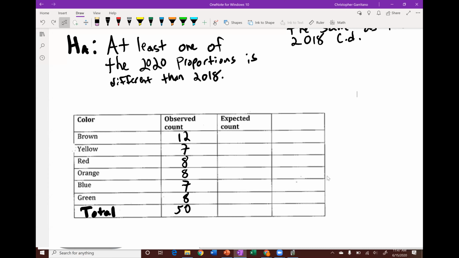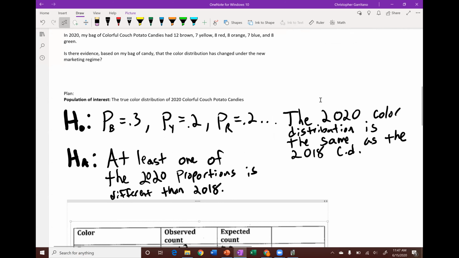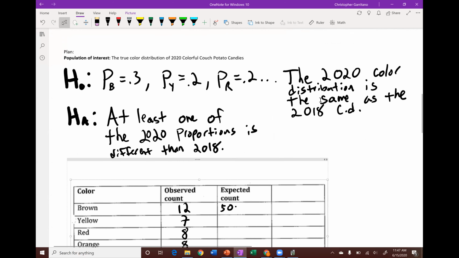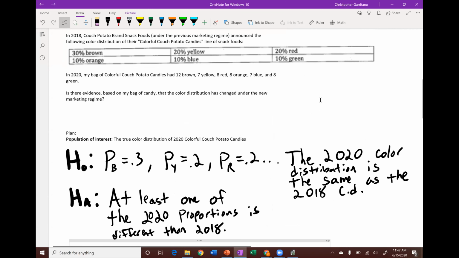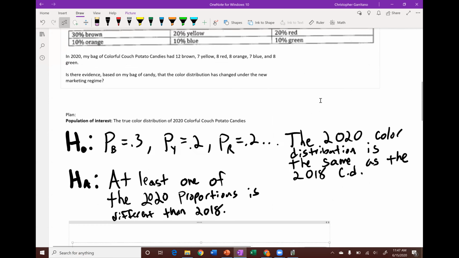Okay, so the way we are going to calculate the expected count is we're going to take the total count from my sample, and multiply it by what we are assuming is true about brown, and that is that we are assuming that 30% of the candies are going to be brown, as was reported by the company.